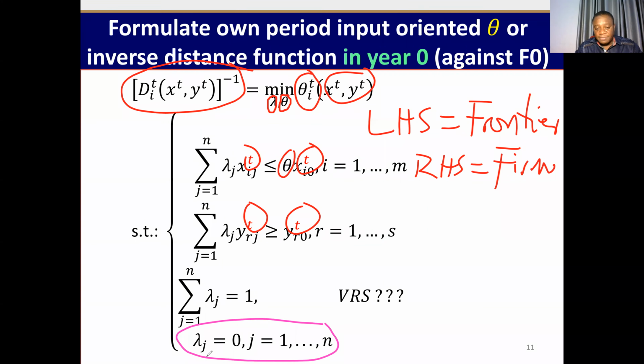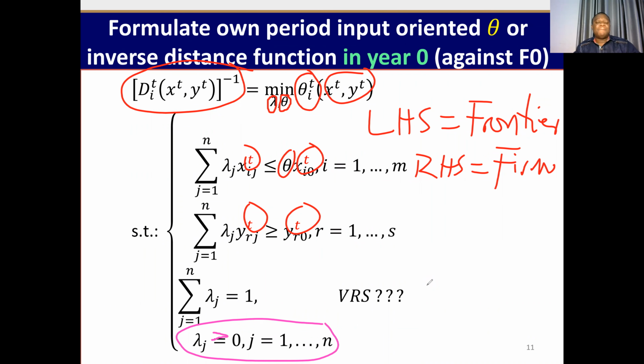So the lambda, I think this comment is wrong. It's supposed to be greater or equal to 0. So that lambda greater or equal to 0 means non-negativity constraint, and the number of firms are from 1 to n.